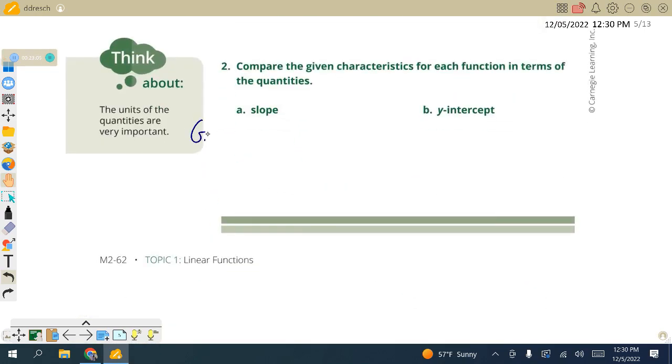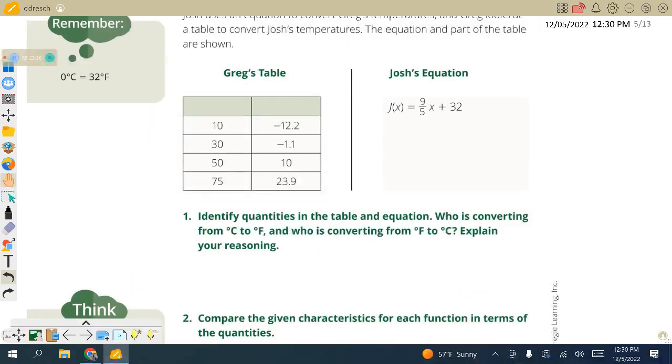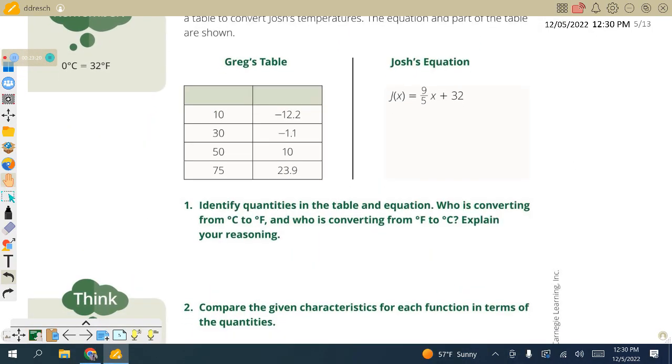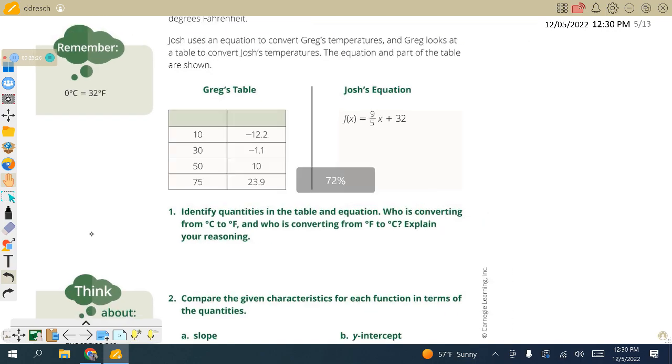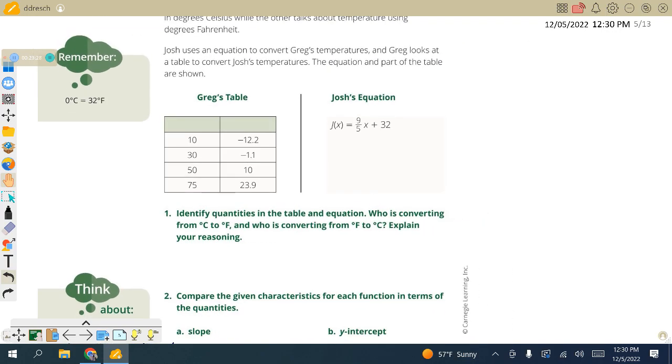So Greg's slope, we're going to get that, and then we're going to get Josh's slope and compare them, okay? Now, of those 2, Josh's is the easiest to look at and find. Josh is an equation. You should be able to identify that slope just like that. So what number there represents the slope?